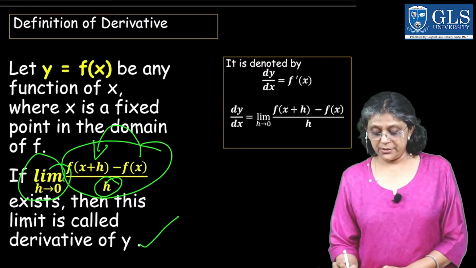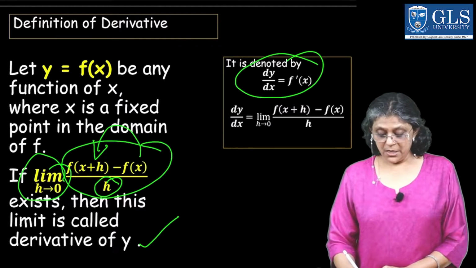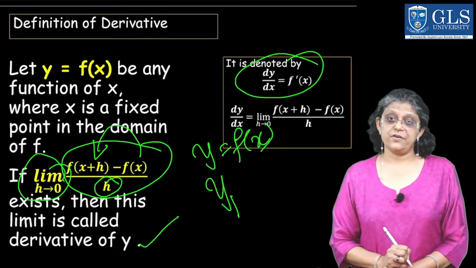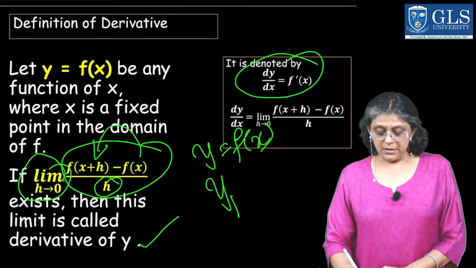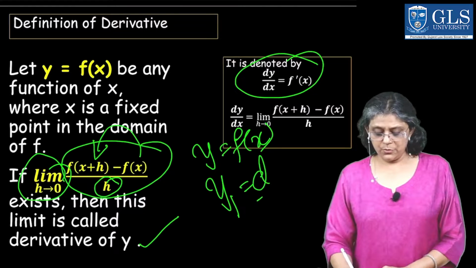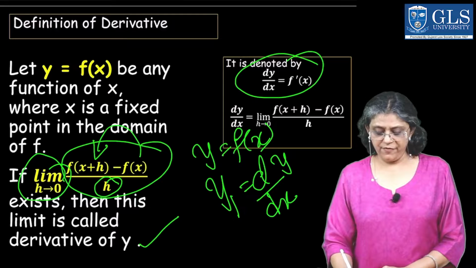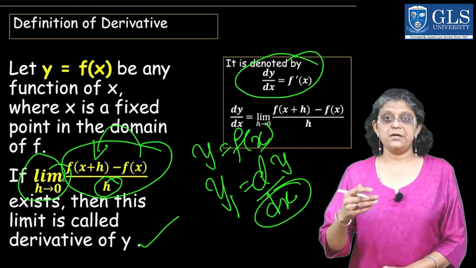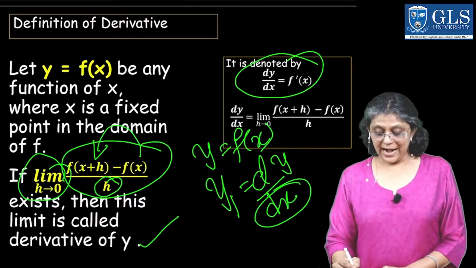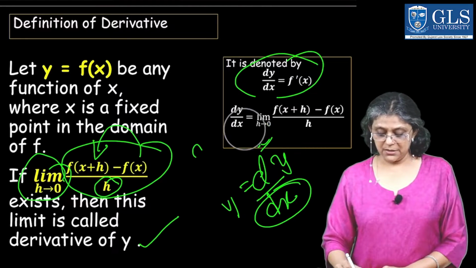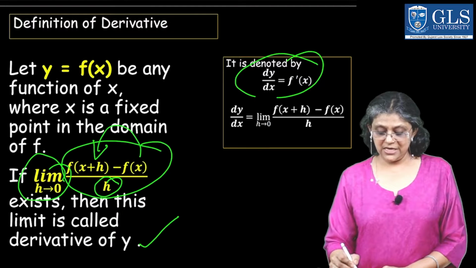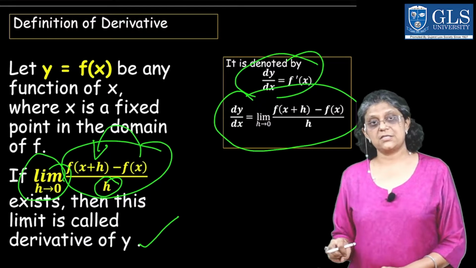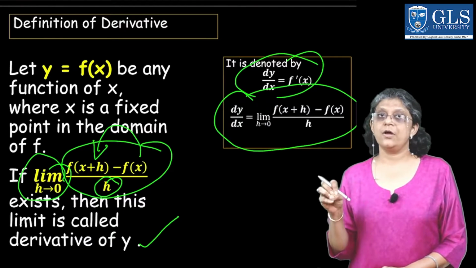In short, it is denoted by y1, because y is equal to f(x), the given function. y1 is equal to d by dx of y, that is, the change in the value of x gives me the derivative of y. If I assume limit h tends to 0, whatever result comes is called the derivative.